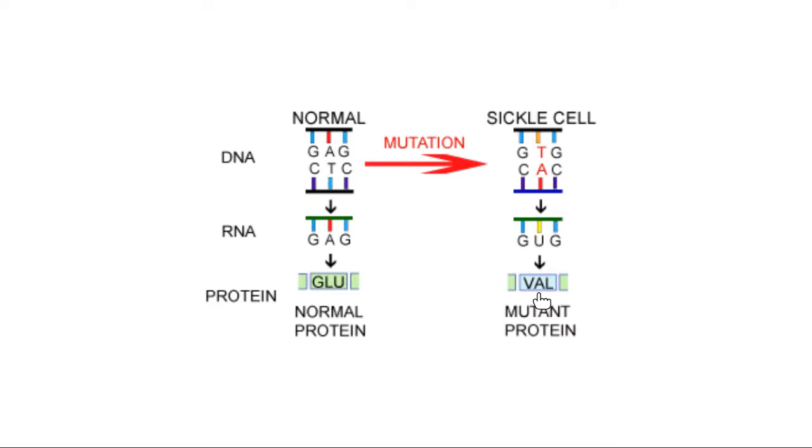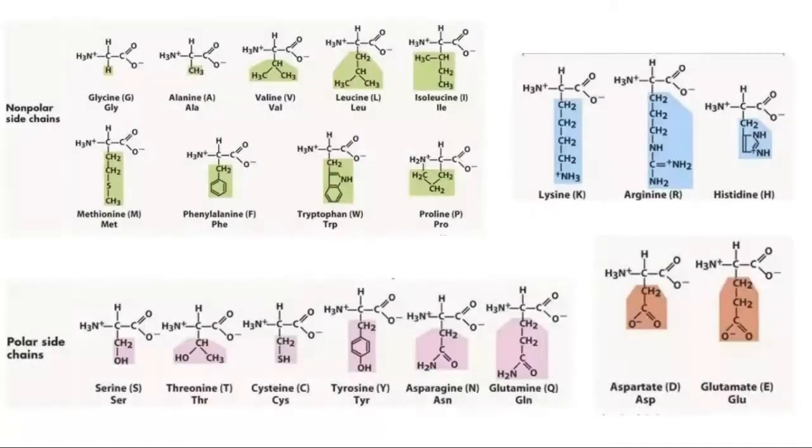If you recall from our discussion of proteins from lesson number 5, when we talked about amino acids like glutamine or glutamic acid and valine, remember that our amino acids had different personality types. Some have the personality type that's nonpolar. Some have a personality type that's polar, or positive, or negative.